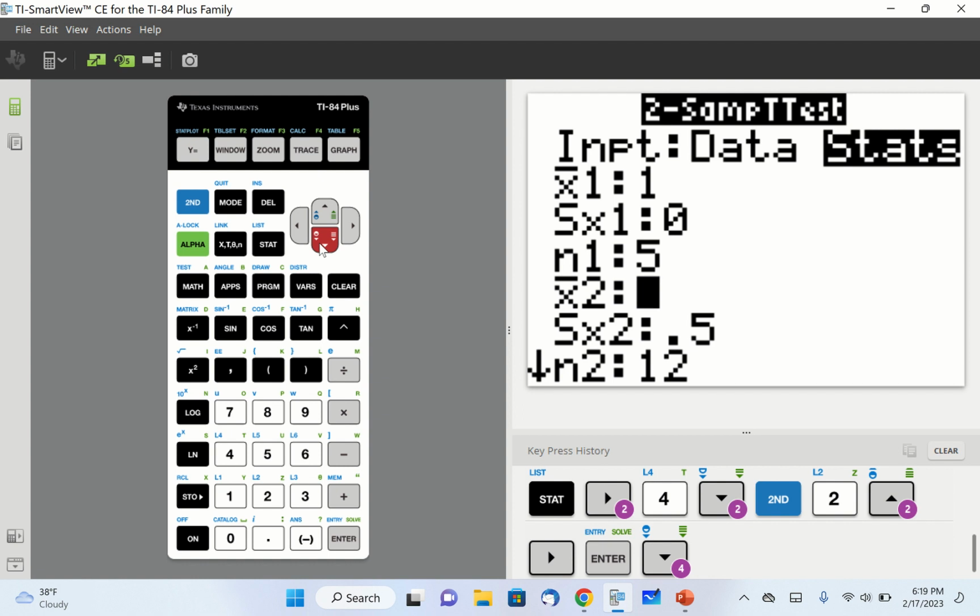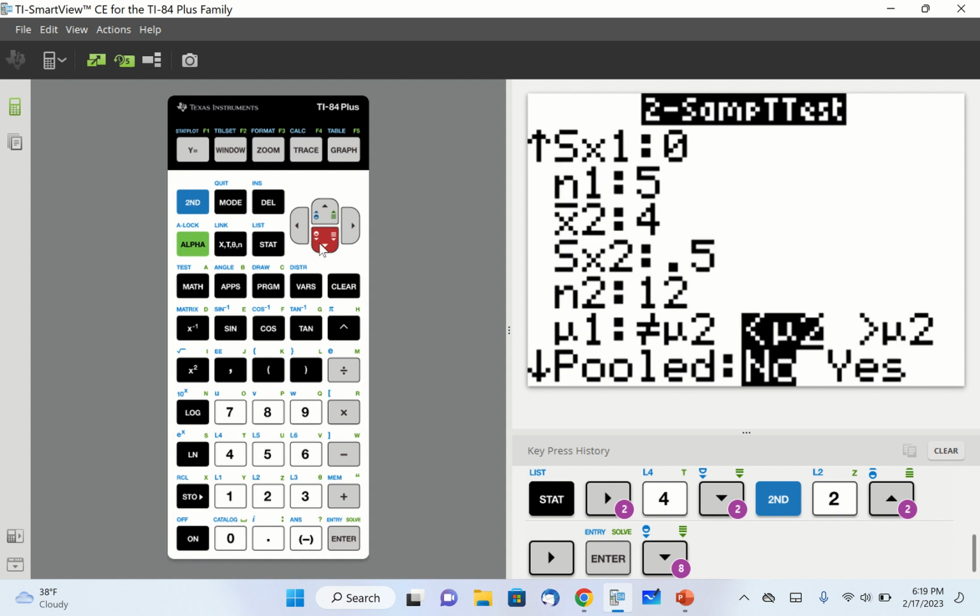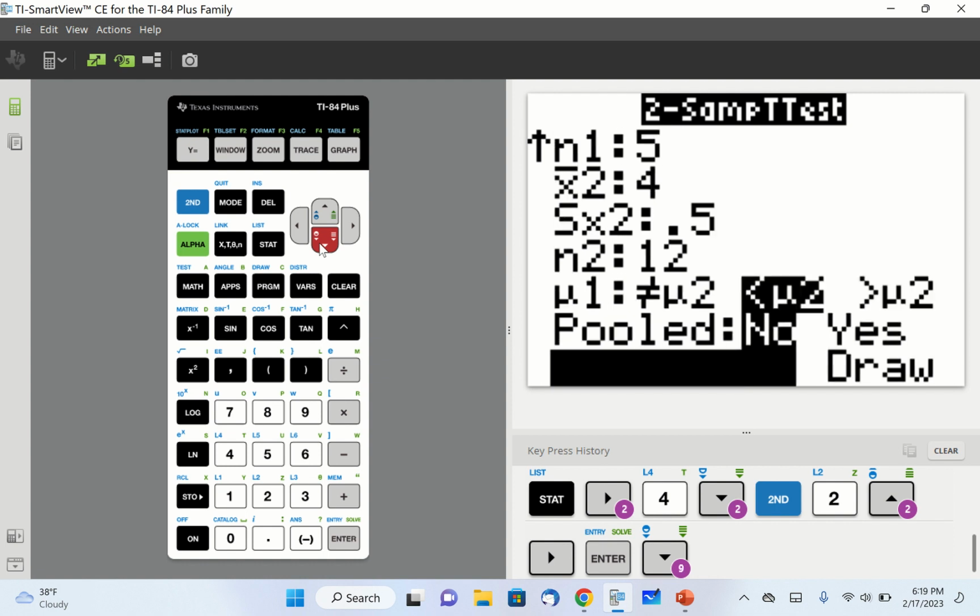So sample mean 2, standard deviation for that sample, and sample size for that. Come down and the rest of the screen is the same as data. So you select the direction of the test, pooled, and come down to calculate.